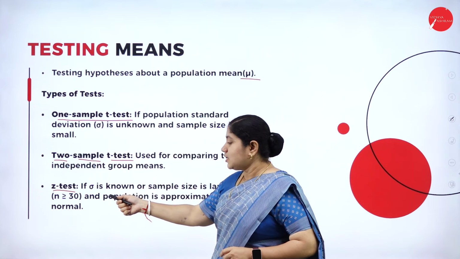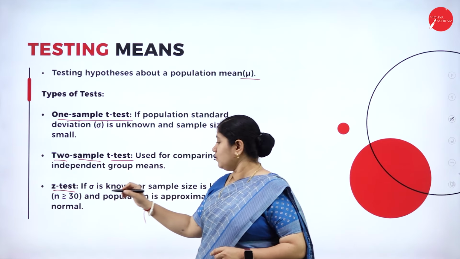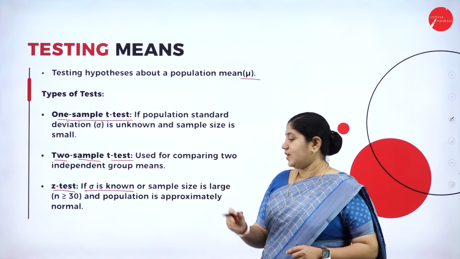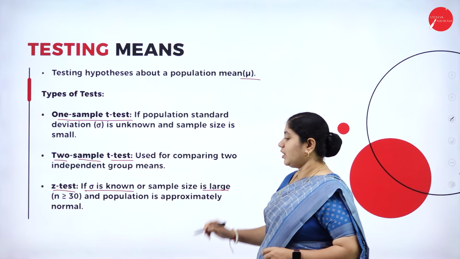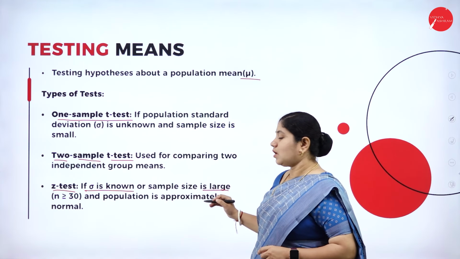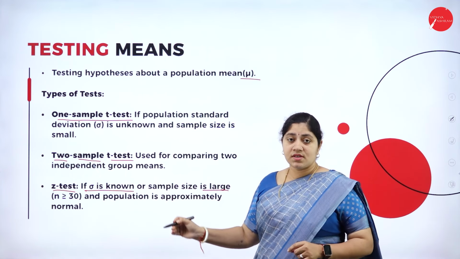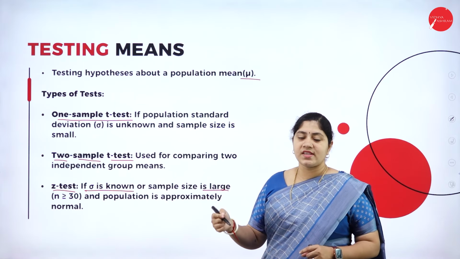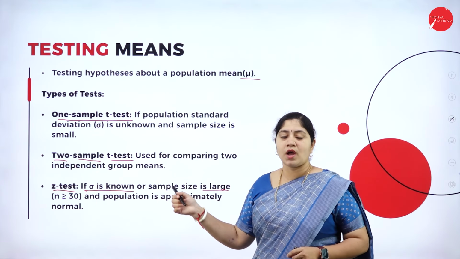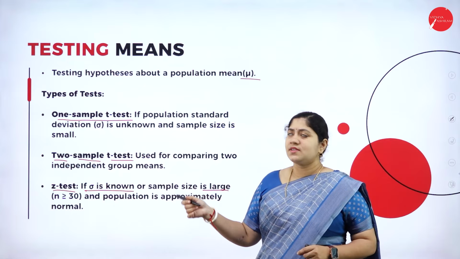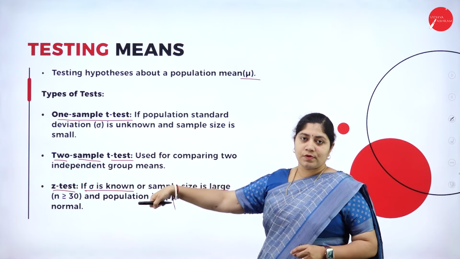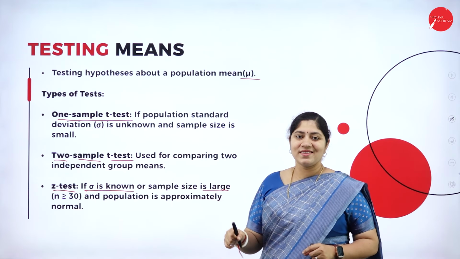Even here, if sigma is known or the sample size is large, and the population is approximately normal, under these conditions we go forward with the z-test. In a sense, we can say it is completely opposite of the one sample test. Yes, correct, right?